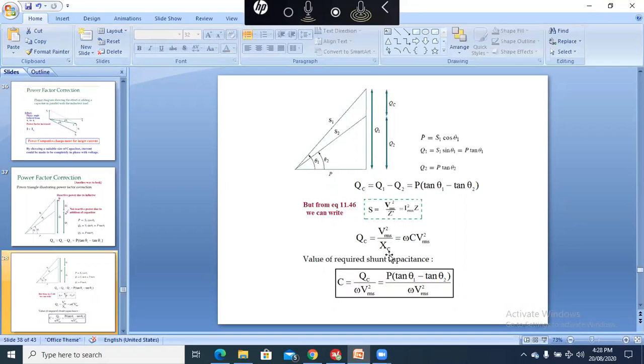If it is P, we will take R here, right? So this value is omega C Vrms squared. So C is QC, which is P times tangent theta 1 minus tangent theta 2, divided by omega Vrms squared. So this is the value of the shunt capacitor we install in parallel to the inductive load.